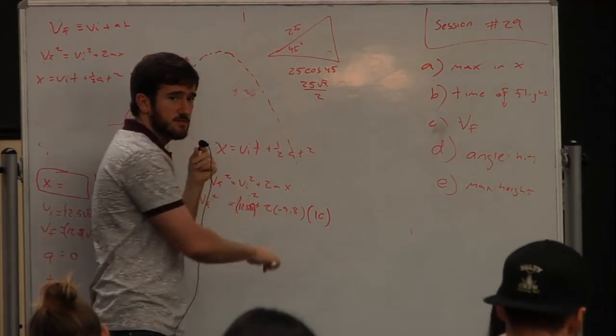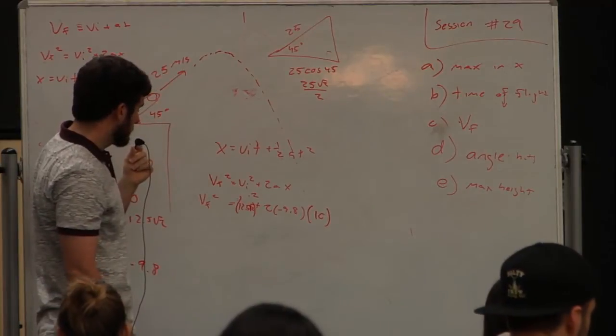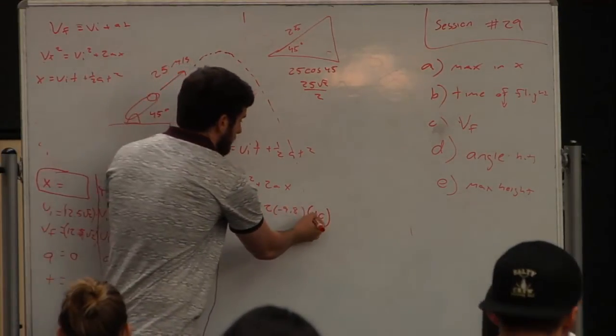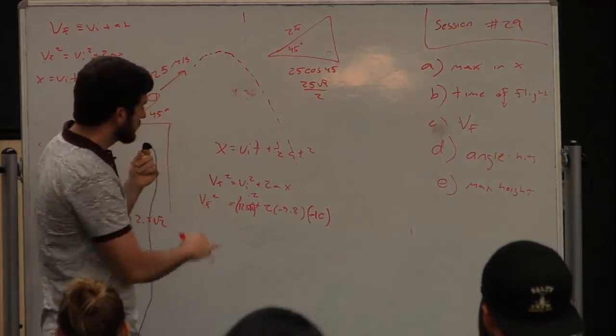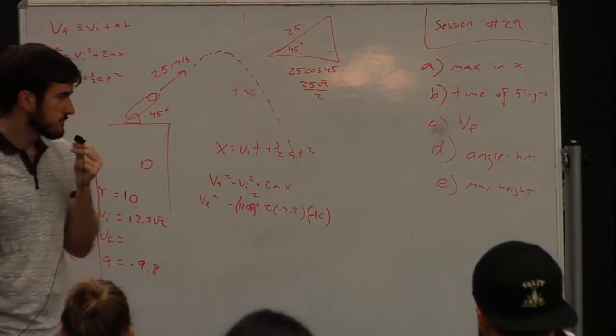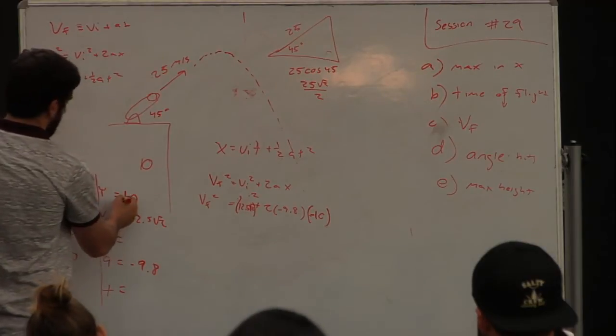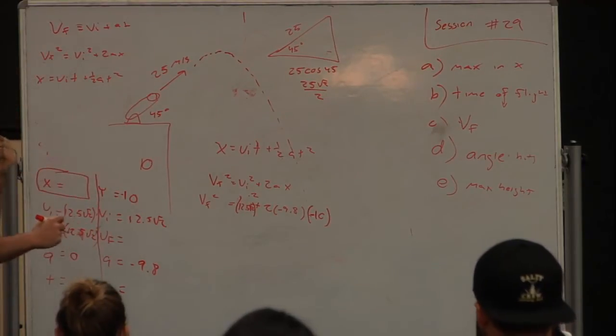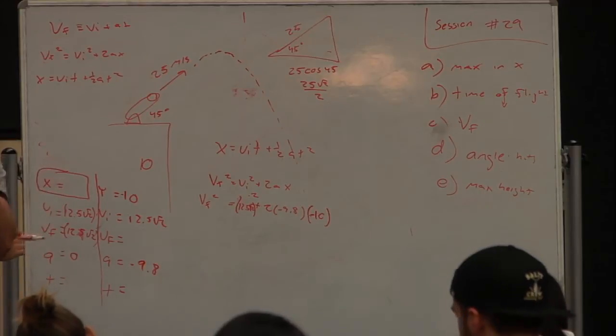So it's negative 10 because we're going from a higher position to a lower position, right? If this is 10 meters and this is ground, 0 meters, it's final minus initial. So it'd be xf minus xi, and that will give us 0 minus 10. That gives us negative 10.